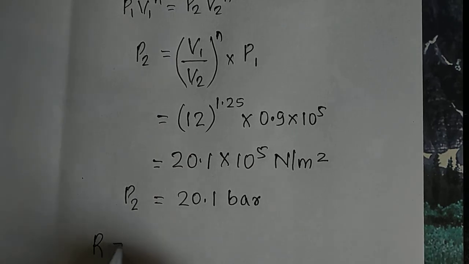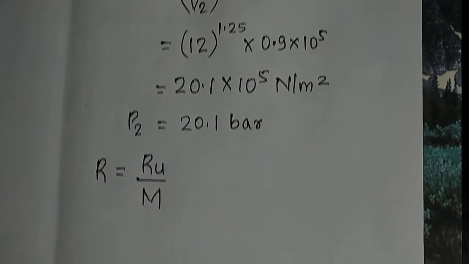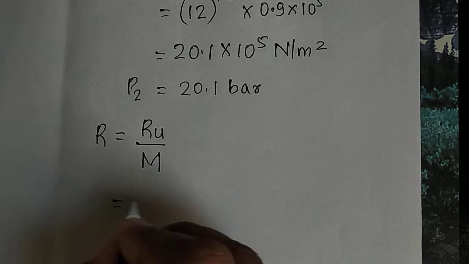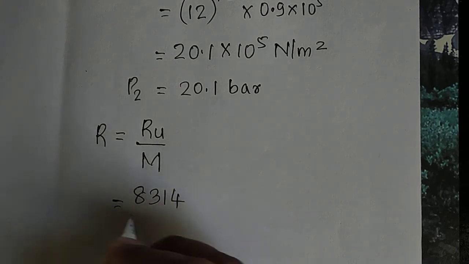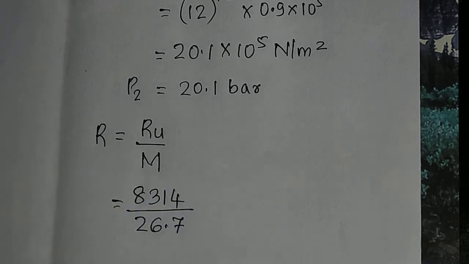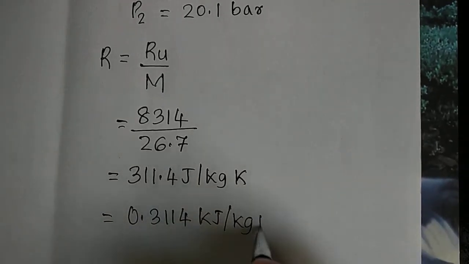R will be equal to Ru by M, that is gas constant. R will be equal to universal gas constant divided by molecular mass, that is 8314 divided by 26.7, which will fetch me the value of R as 311.4 joules per kg Kelvin, or 0.3114 kilojoules per kg Kelvin.